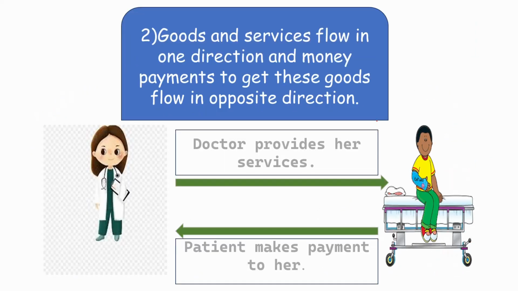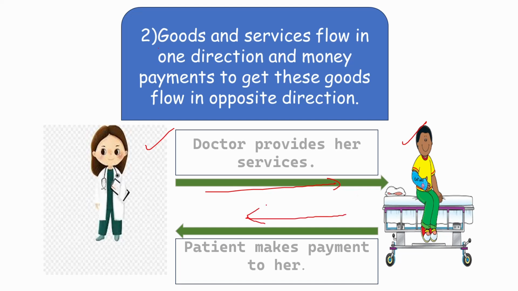And now the next principle is goods and services flow in one direction and money payments to get these goods flow in opposite direction. Now what does this mean? This is a doctor and she provides her services to this patient. He's a bit injured, so all the plaster and all is done. So this doctor provides her service to this patient, and in return, this patient gives out money to this doctor.